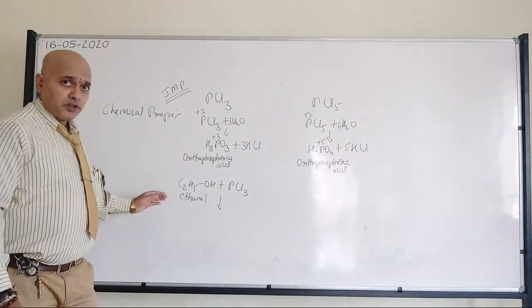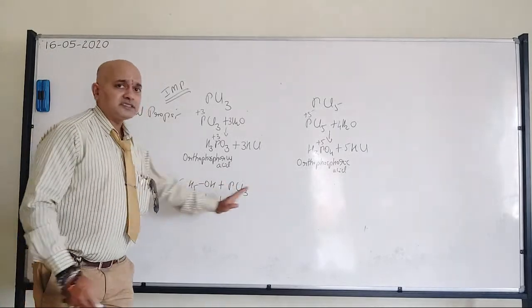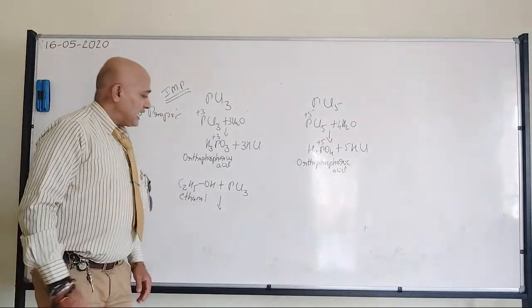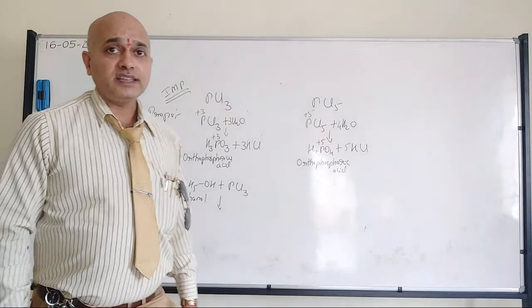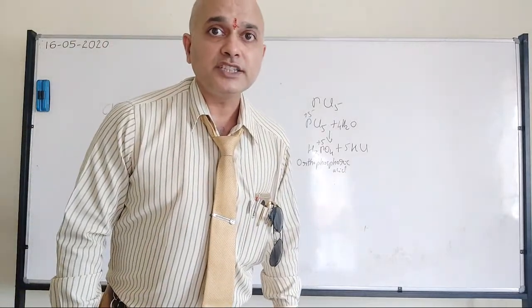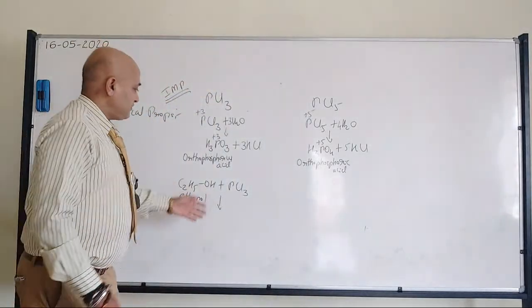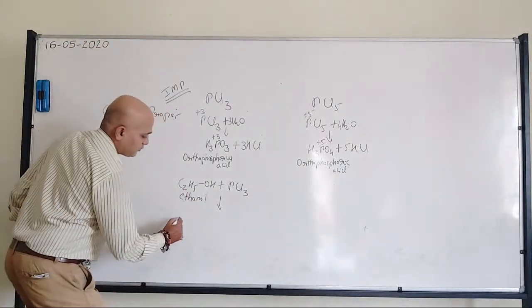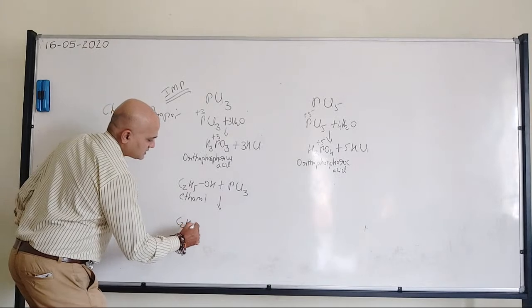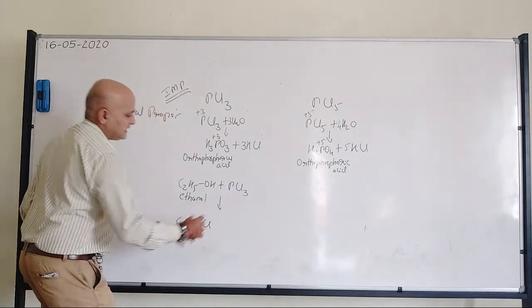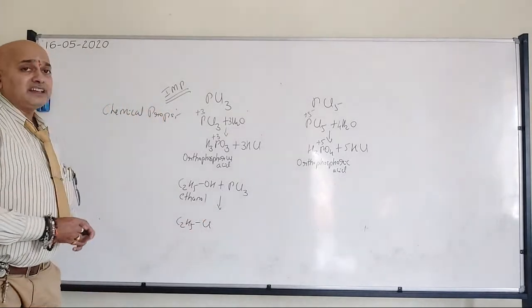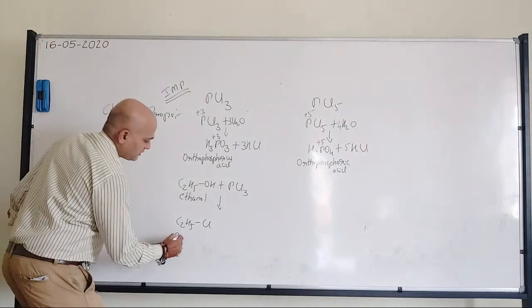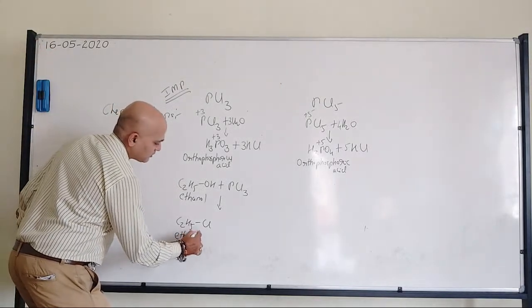So in your notebook, write it like this one. Okay? So that's where I have the reaction of ethanol. Yes, Rajashekar. When it is treated with PCl3, one of the products will be C2H5Cl, ethyl chloride.